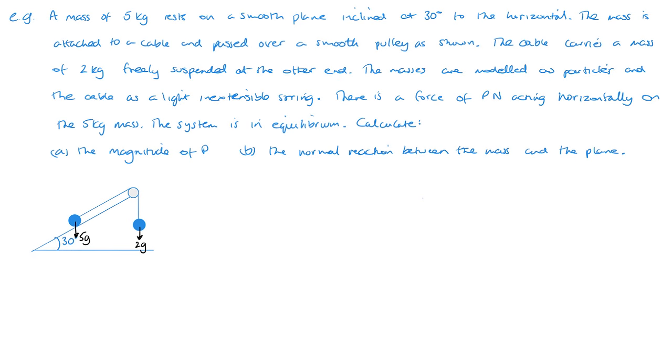Now, the masses are modelled as particles and the cable as a light inextendable string. There is a force of P newtons acting horizontally on the 5 kilogram mass. So it's probably acting like this.